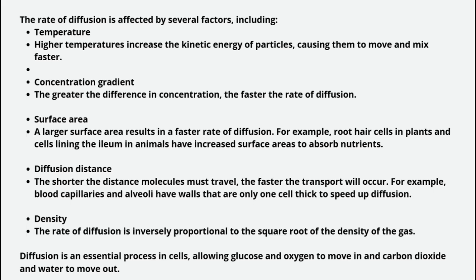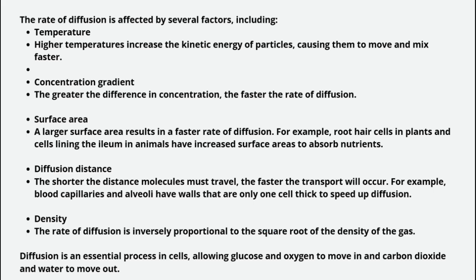The best way to explain this is, if you're walking down the street, or going to a shop, the shorter the distance, the faster you're going to get where you need to go. The longer the distance, the longer it's going to take you. So it's the same thing as it relates to diffusion and distance in our molecules.